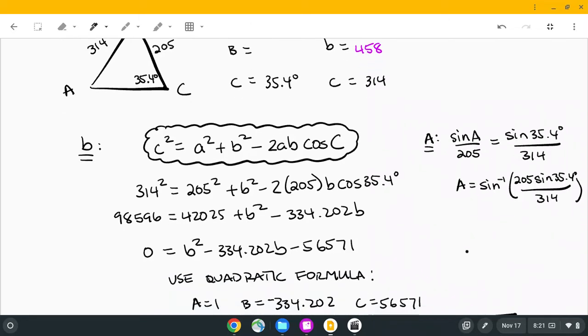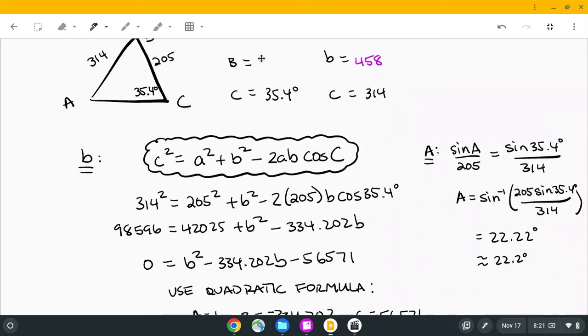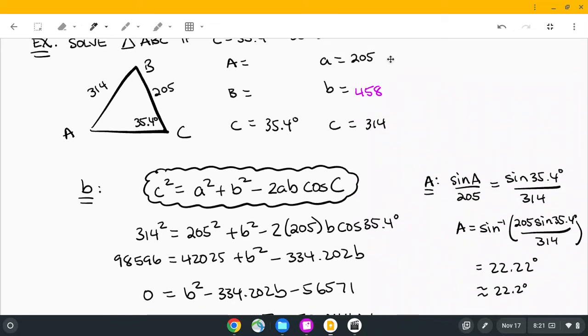So when I do this, I get 22.22 degrees, or roughly 22.2. Okay, 3 significant digits here, so 22.2.